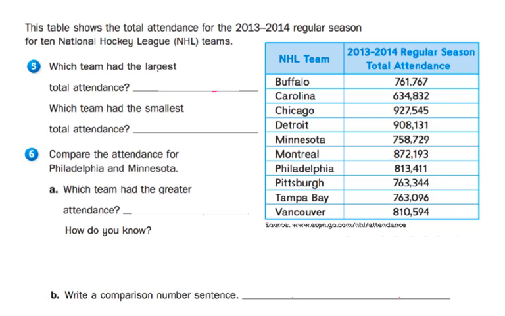So when it asks for which team has the largest attendance, you are again going to look at the place value furthest to the left. So what I'm going to do is see that there are two teams, Chicago and Detroit, that both have 9s in the 100,000s.